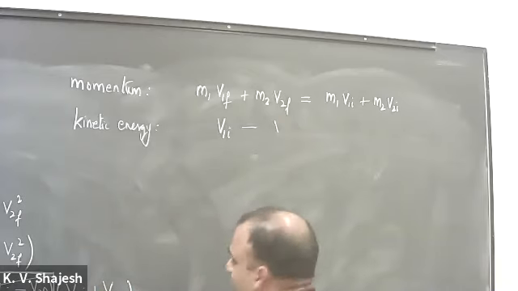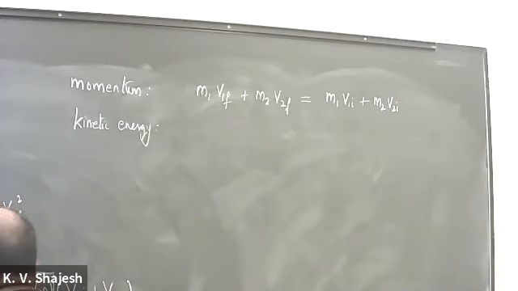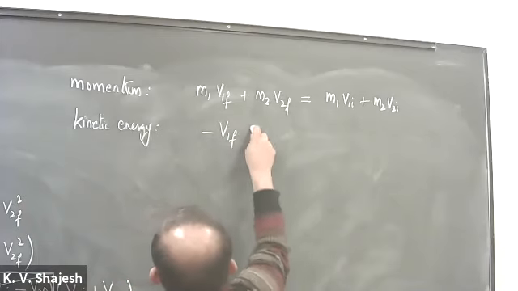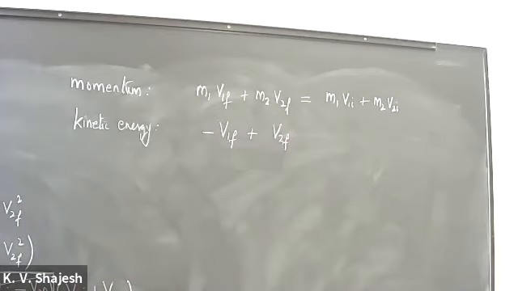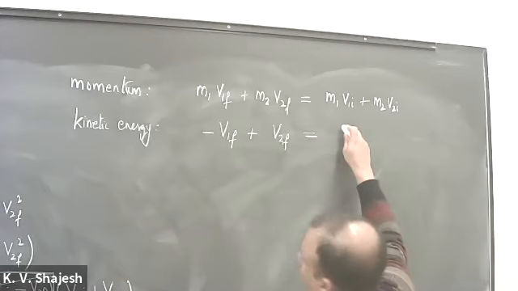Sorry, I want to write the final first, right? So that is minus v1 final plus v2 final. I rewrote the equation that we derived with all the final velocities to the left and all the initial velocities to the right.